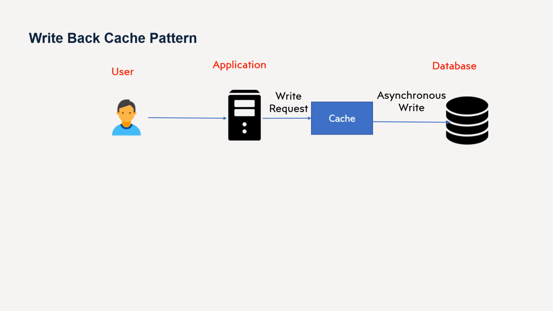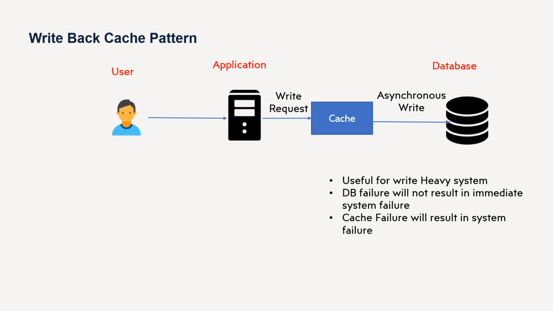In this there is no synchronous write to the database, but it is kind of an asynchronous write to the database. So whenever you have a write heavy system, where multiple requests are coming for write, you hold the writes in the cache, and when you have enough write requests, then you load them into the database asynchronously, so that becomes more efficient and you can save time as well.